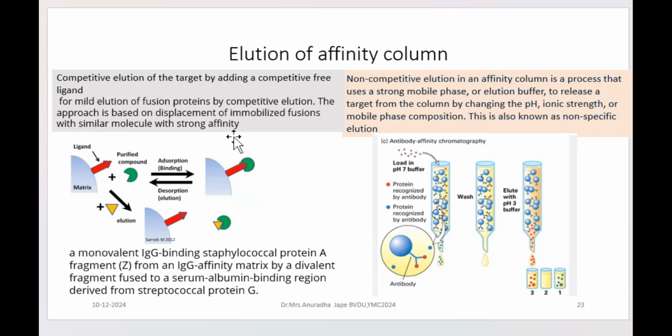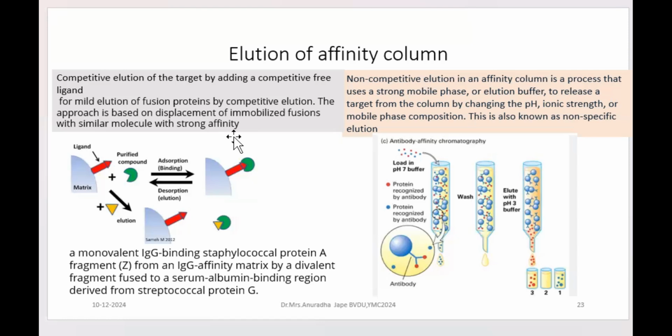The working is based on displacement of the immobilized fusion product. In Marathi, to say, it is like playing Kho-Kho. You know how Kho-Kho is played, right? One player is sitting at a particular point, another player comes running and gives a kho and takes his seat, and the player who receives the kho starts running, right?